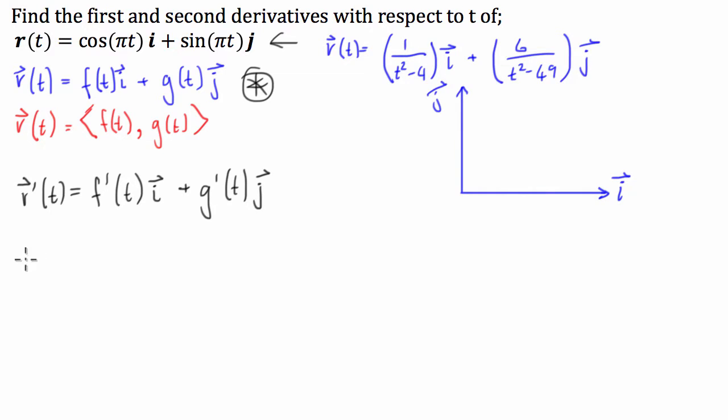So the derivative of this function, r dash of t, don't forget my arrow, is equal to the derivative of cos, which is negative sine, times the derivative of the inside, which is just pi.